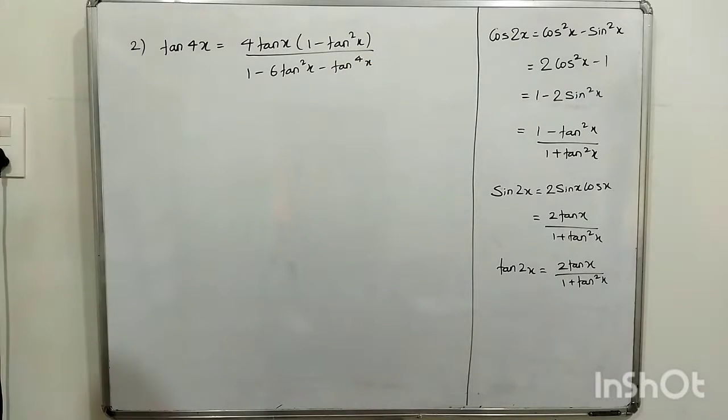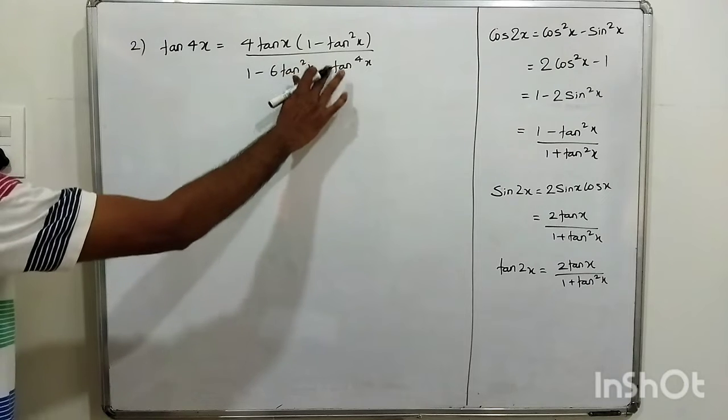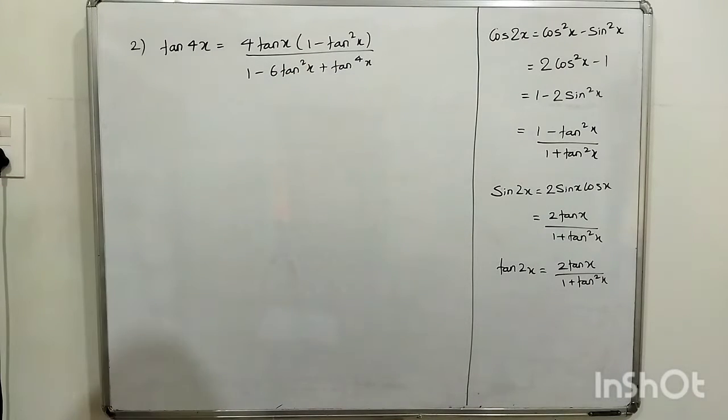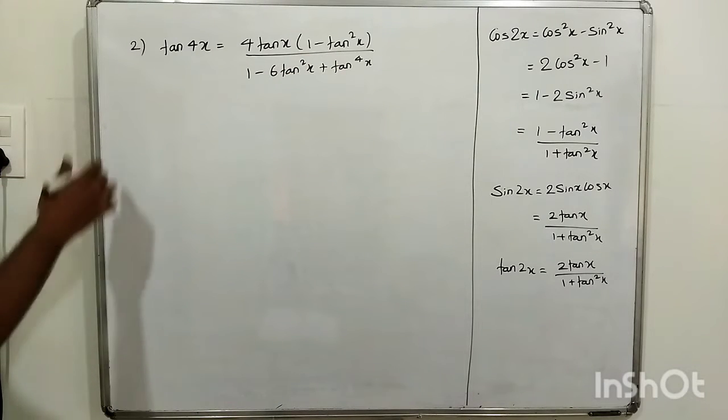Okay, 4 tan x into 1 minus 6 tan square x plus, okay, this is plus here. Okay, so let's prove this.